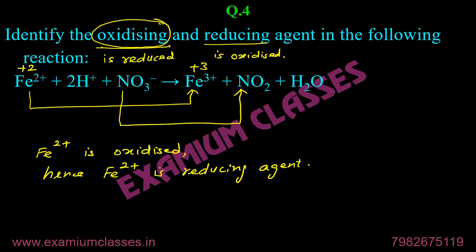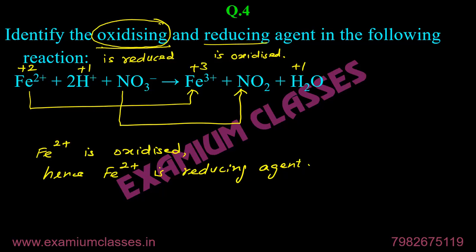Okay. Now consider NO3 minus. Before NO3 minus, why have I skipped H plus? Because H plus has oxidation state plus 1, and here also it has oxidation state plus 1. No change in oxidation state. I don't need to consider that.